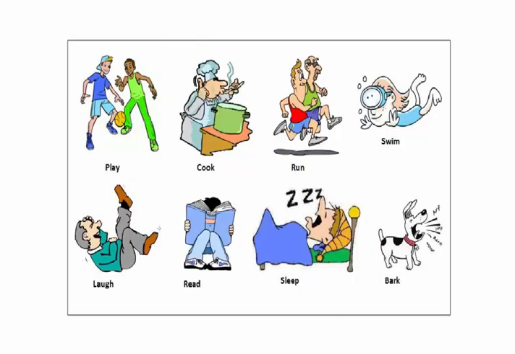Right, now you look at the pictures and there are some verbs under the pictures. Think about their past form. If you don't know the past form of these verbs, you can refer to the dictionary.